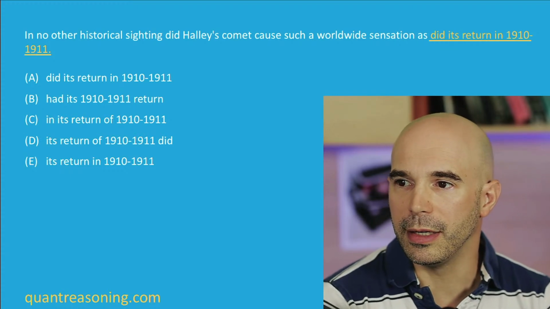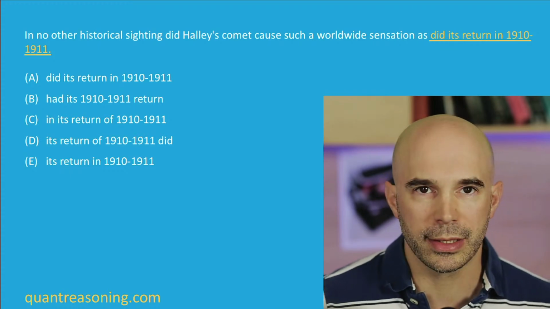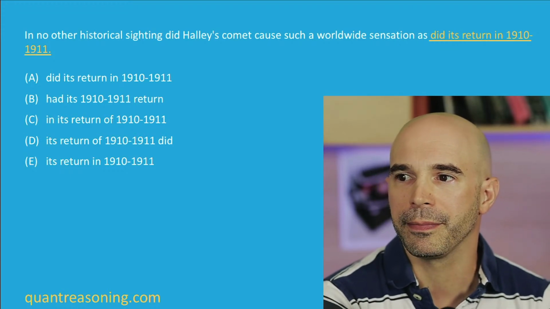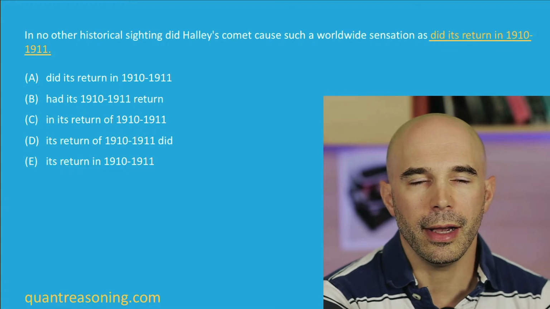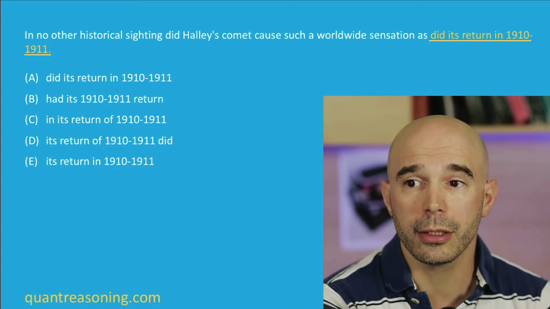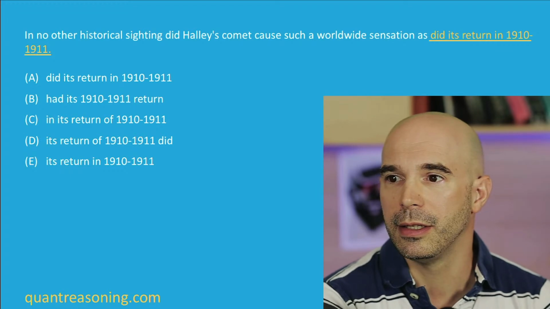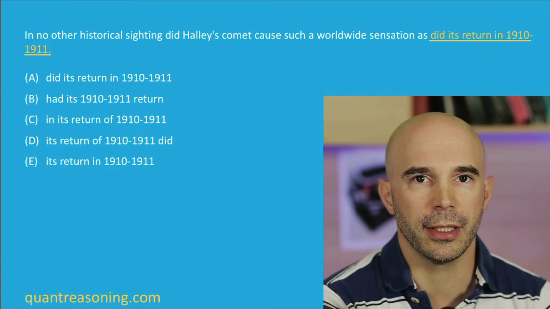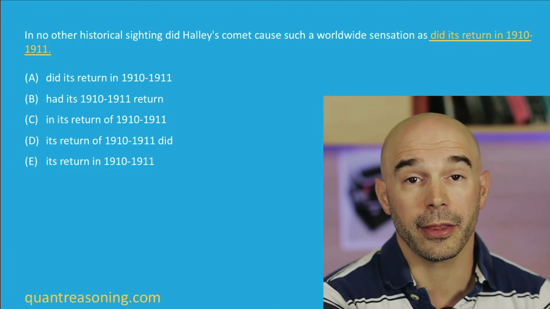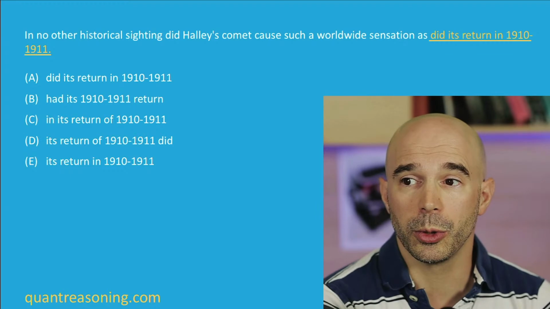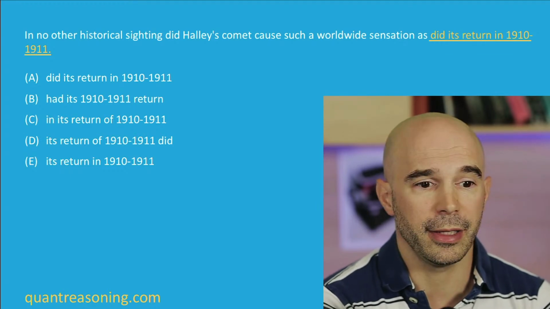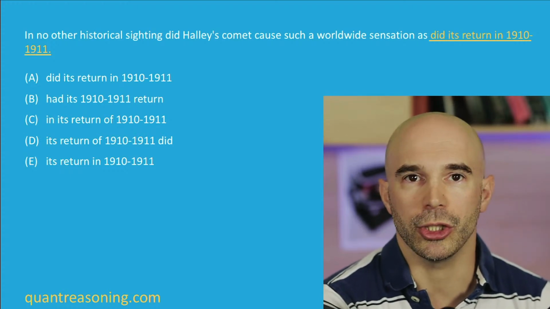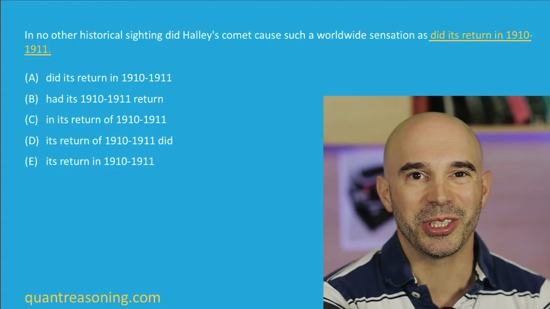So I can already tell, if I just read the first 8 words, let's say, of this sentence, in no other historical sighting did Halley's comet cause, I can already tell that there have been multiple historical sightings of Halley's comet. You agree? Just from those first 8 words, we can infer that there have been multiple historical sightings of Halley's comet, and that comet caused sensations, I suppose, in each sighting.